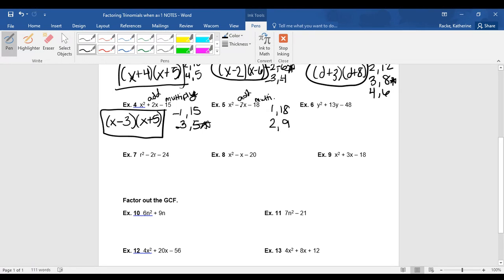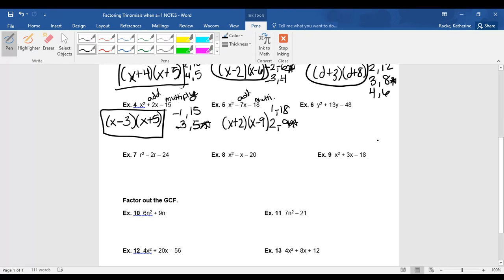Because it is a negative 7 and we have a negative 18, one of them is going to have to be negative, but because it has to add to give us a negative number, our bigger number is going to want to be negative. So let's make our 18 negative and our 9 negative. Negative 18 plus 1 gives us negative 17. Negative 9 plus 2 gives us negative 7. So that one will work. It will be x plus 2 and x minus 9.